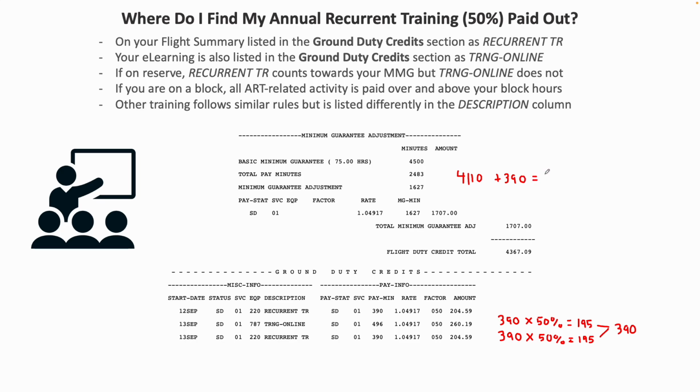That gets us to 4,500. So I was paid correctly for my annual recurrent training. And that includes getting a top up of 1,627 minutes because I didn't complete all of my flying hours in that month.